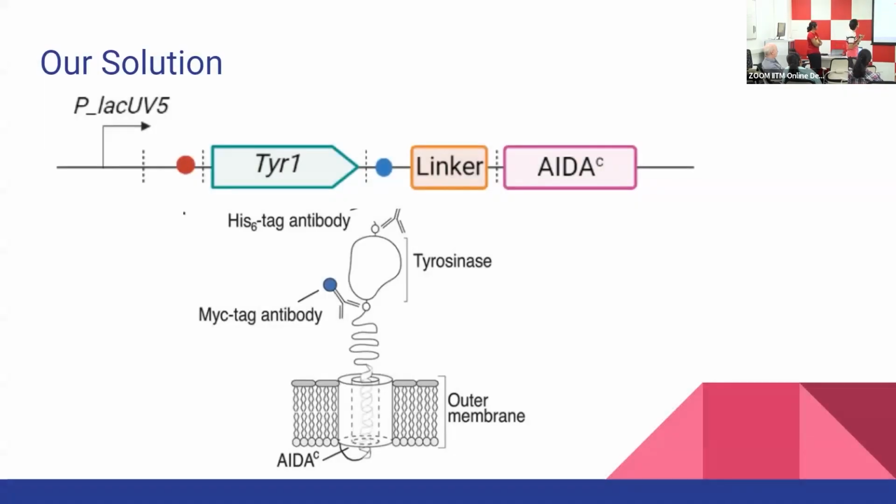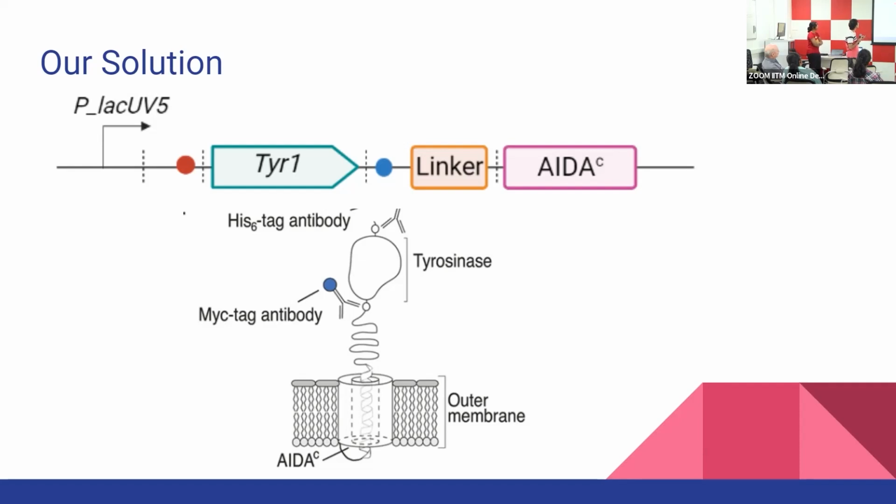So basically, we are taking a promoter, lacUV5. Now, it's important to know that this promoter is independent of any induction or activation. And so essentially, as long as there's a part of the cell surface where the tyrosinase isn't there, this is going to be expressed.